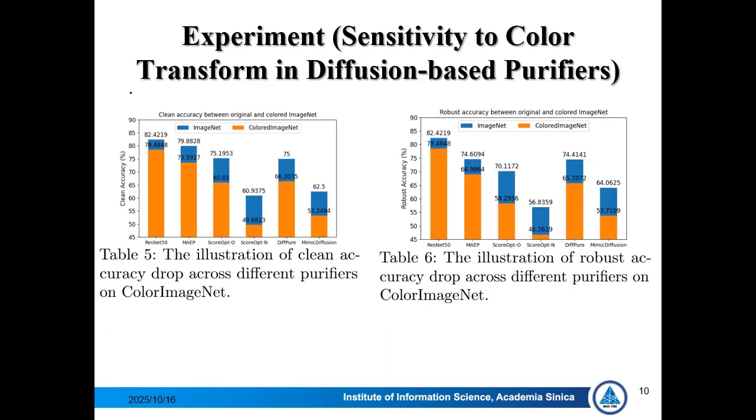For our experiments, we use ImageNet and our newly created Color ImageNet dataset. The Color ImageNet dataset was generated by applying color transformations to the original ImageNet images. Specifically, for each image from ImageNet, we randomly sample 10 different color styles and perform style transfer to obtain diverse color variations.